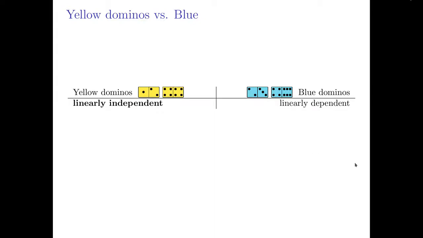One of the key insights here is that you can't get any yellow from the other yellows, right? Now stare at that for a minute. If I give you just 1, 2, there's no way you can make 4, 4 out of the 1, 2. And conversely, there's no way you can make the 1, 2 out of the 4, 4. They are different in that regard. They're independent of each other.